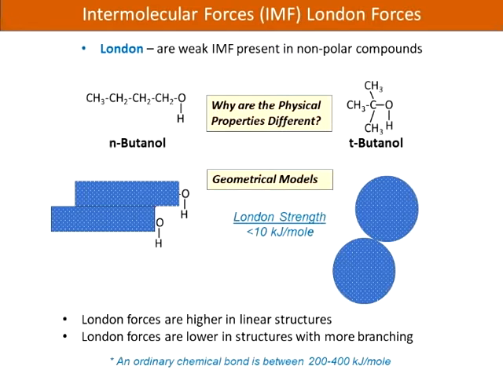That rectangle would have more points of contact between the two adjacent butanol molecules. In the case of T-butanol, it might be viewed as a spherical model. A spherical model will have far fewer points of contact than would a rectangular model. Therefore, we conclude that there are higher London forces in N-butanol than there are in T-butanol.